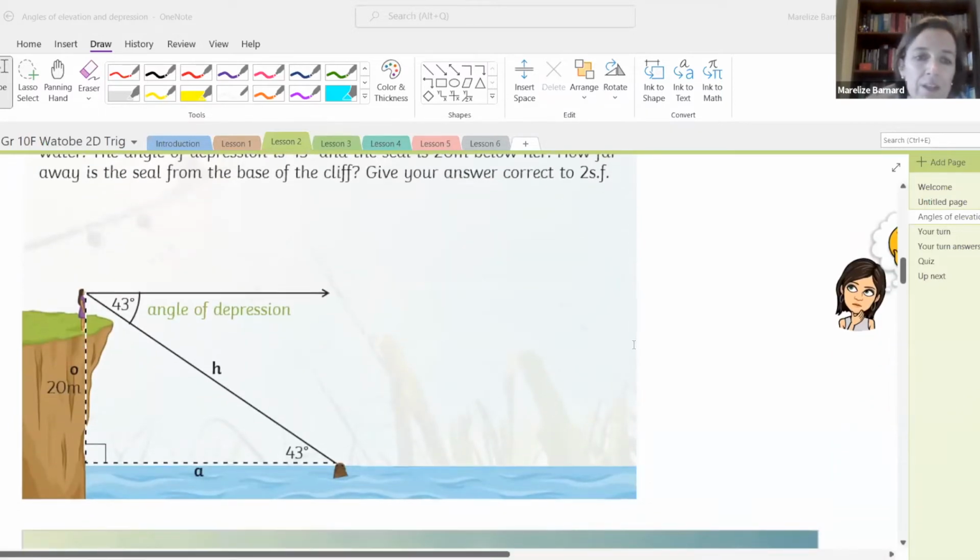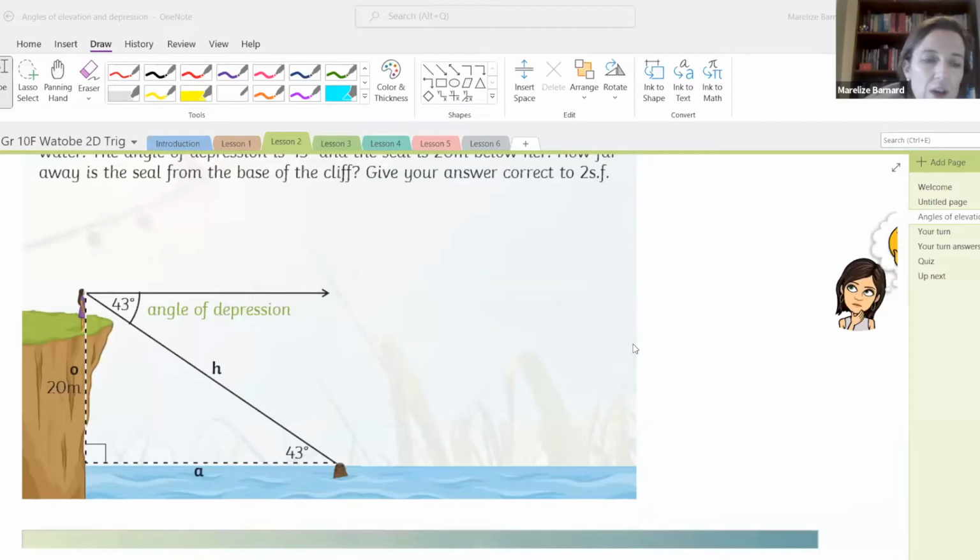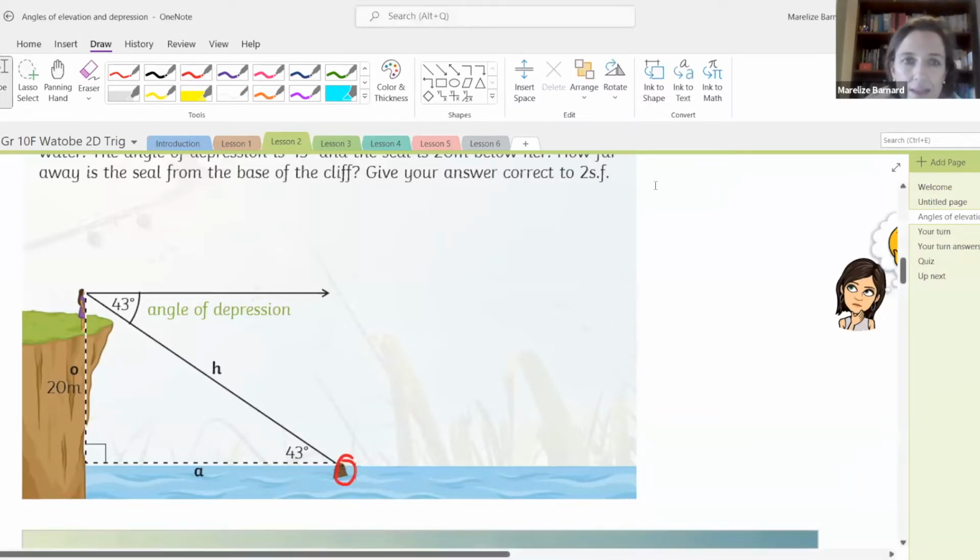Okay, so if we look at our picture so far, what we've got is Kayla and the seal that's 20 meters below her. So that vertical distance is 20 meters. Then we've got the angle of depression, which is 43, and that is the angle at which Kayla is looking down to Mr. Seal over here.